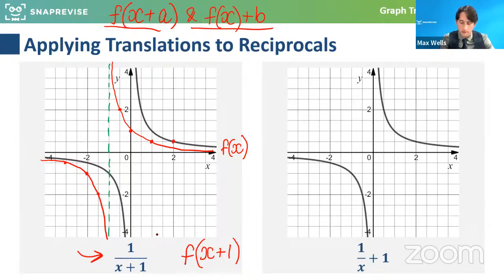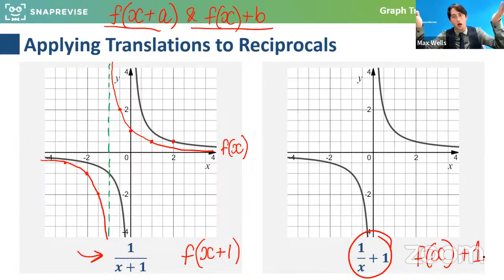Let's have a look at this one then, because this is easily kind of confusable with the one we just did. So 1/x plus 1, this time the plus 1 is outside of the function. So this is like the function that we had, as shown on the graph here, plus 1 unit to all the y values. So essentially it's been moved up by 1 unit. And again, we could do it in a very similar way. We could take individual points and move them up by 1 unit.